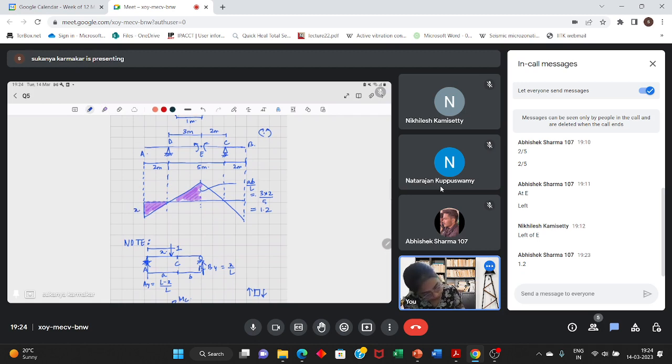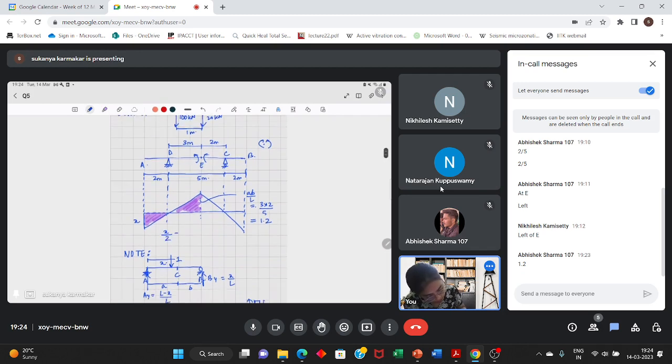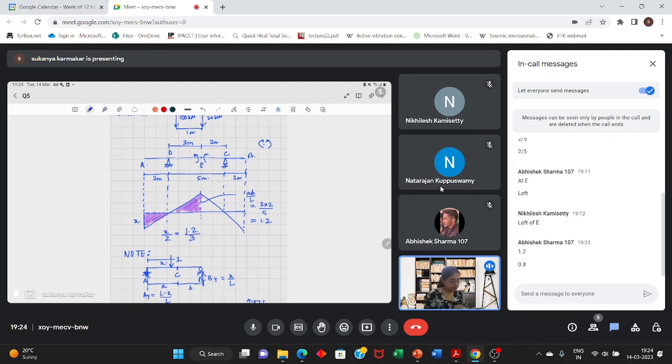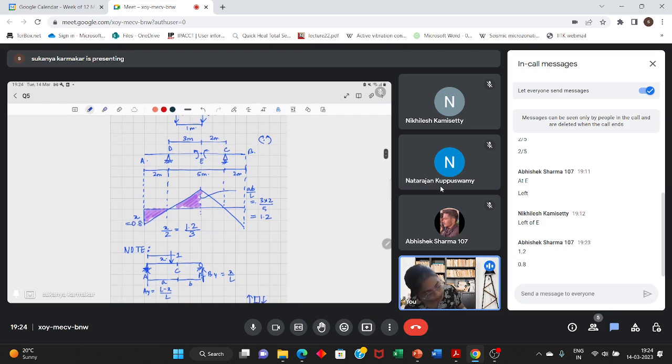So x by the base 2, and here the height is 1.2 and the base is 3. So x is 1.2 into 2 divided by 3. Yes, 0.8. Similarly, calculate this. Let me put this as x dash. So x dash by 2 is equal to 1.2 divided by 2. So x dash is 1.2.